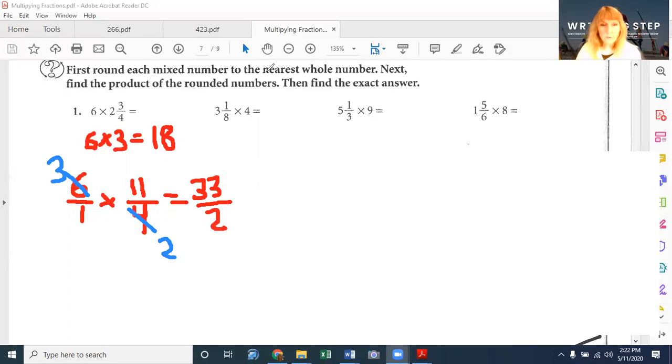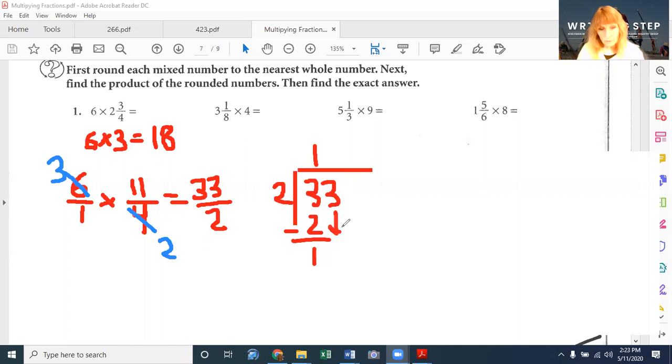And then we have to do our division, which now maybe you're getting really good and you can just do it in your head, but let's just show how to do all of this. So how many 2's are going to go into 33? Well, first we'll say how many 2's will go into the first 3. Only 1, right? 2 times 1 is 2. And we say 3 minus 2 is 1. We're going to bring down our 3.